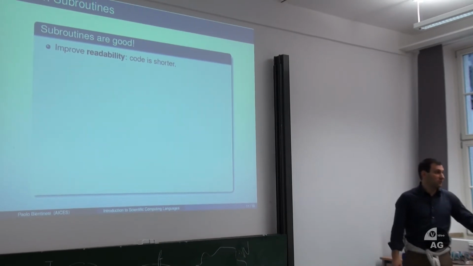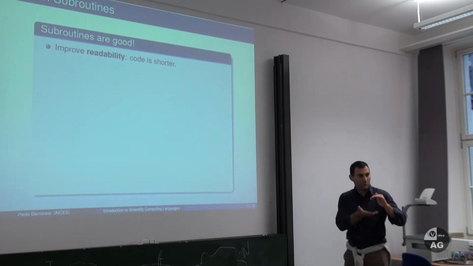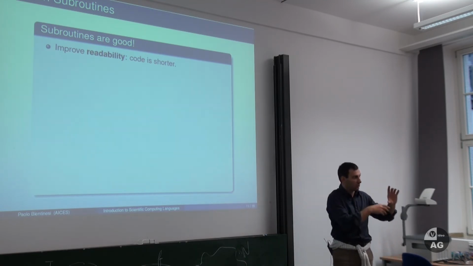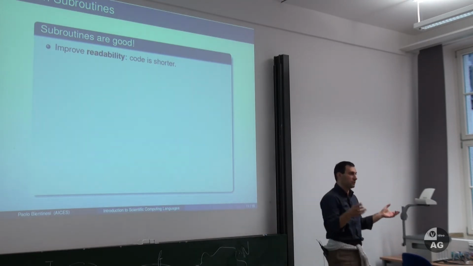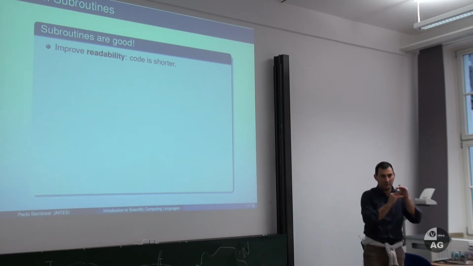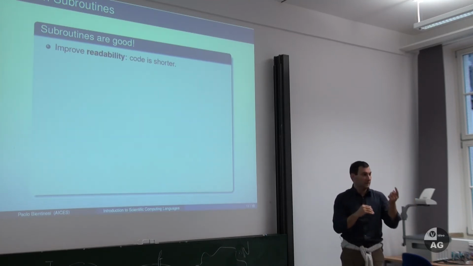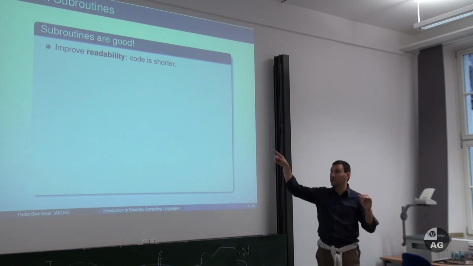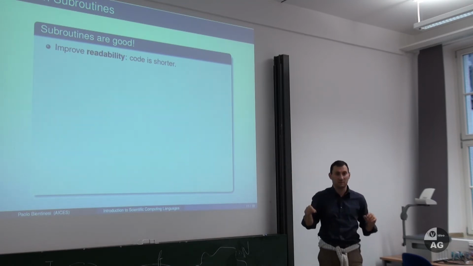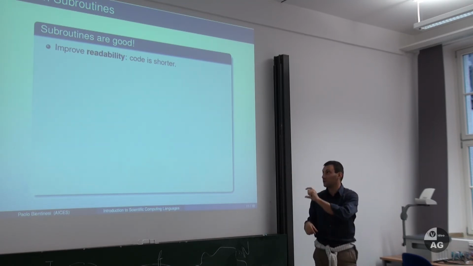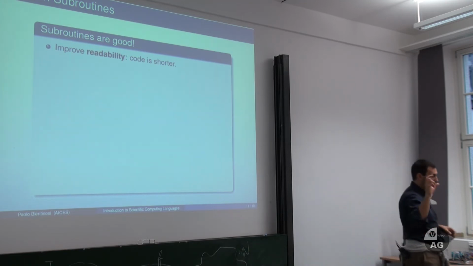Subroutines are good for a number of reasons. First of all, you don't have to copy your code over and over. If you want to compute 10 circles, you write a routine that computes the area of a circle, and then you just invoke it in 10 different places. You don't put the code for computing the area in 10 places.